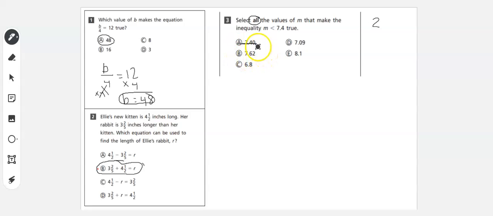This one right here is greater than. But 6.8, I know 6 is less than 7. And I know that 7.09 is less than 7.4. This guy's not true because he's an 8, and 8 is greater than that.